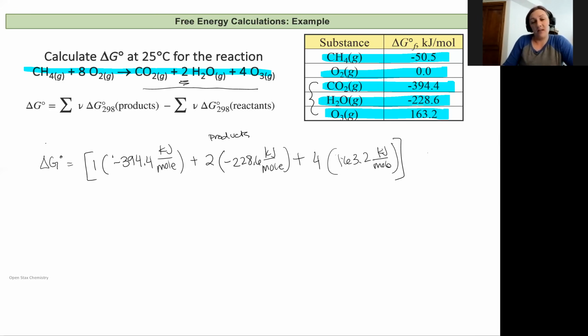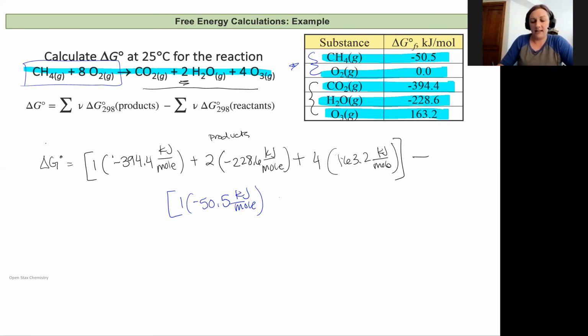Now, from the sum of those, I'm going to subtract the reactants, which I'll do in the same way. So my reactants now are going to be my methane and my oxygen, which are right here. So I'll take the sum of those. My methane, I only have 1, a coefficient of 1 in my balanced reaction. And I have a value of negative 50.5 kilojoules per mole.